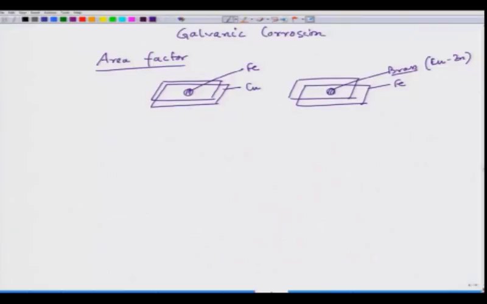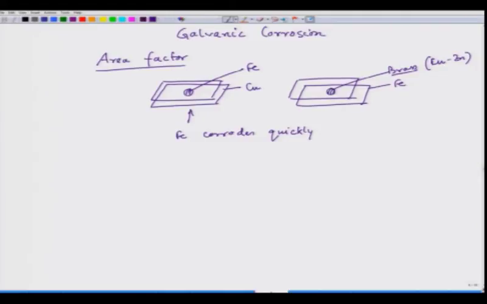There also the galvanic effect is active. In fact, what happens in this case is that iron corrodes quickly since iron is active as compared to the copper plate, and then the joint becomes loose.